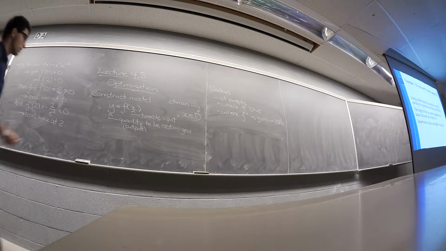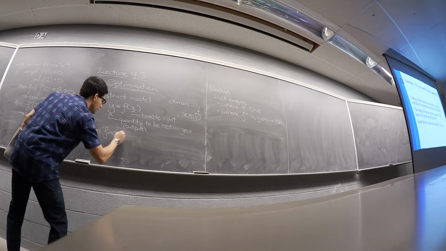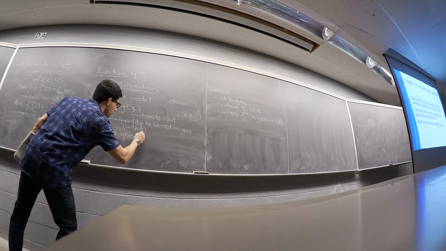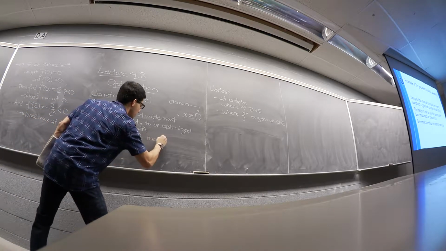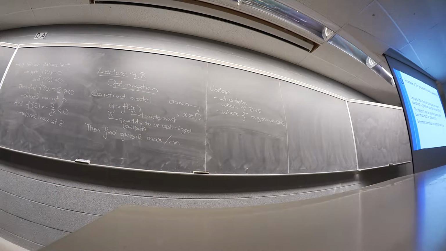And then you want to find the global extrema, the global max or the min. Depending on the problem, you want to find either the max or the min, or conceivably both. And you want to find the global one. No one really cares very often about where the output is a bit bigger than the surroundings. You want to find the biggest possible output. So you want to find global extrema.